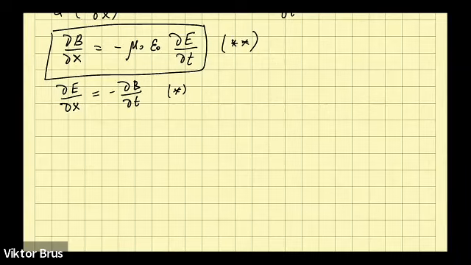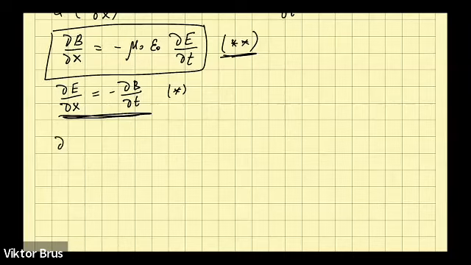Let us take the derivative of our first equation with respect to position x, and combine it with the derivative of the second equation with respect to time. So first we take the derivative of the first equation with respect to position.